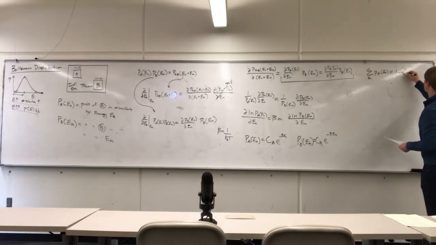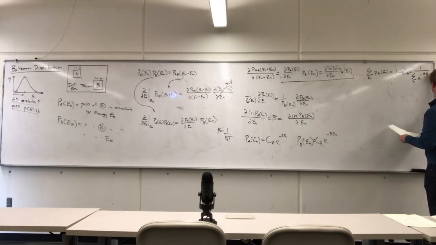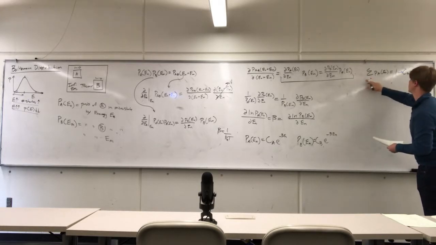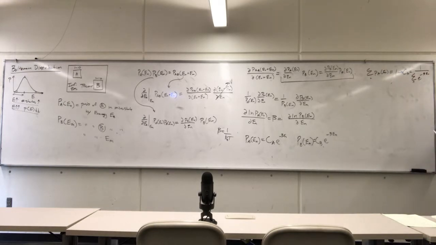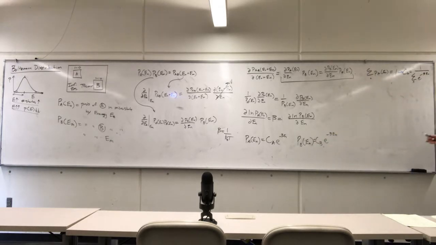Which gets us to the conclusion that the constant of integration, over all the states En, is we basically just add all of these up, so it has to be the reciprocal of that. So this is adding up all the different states of the system.